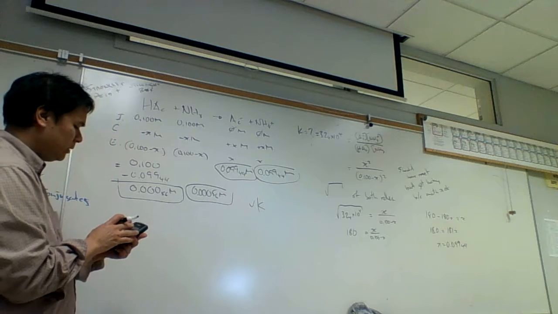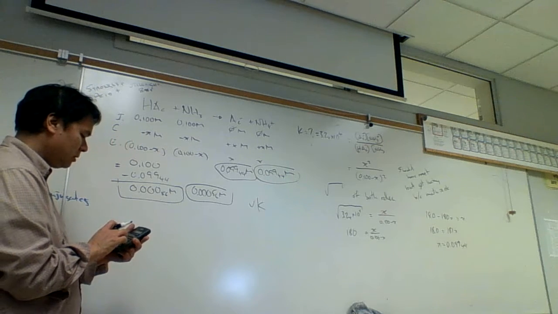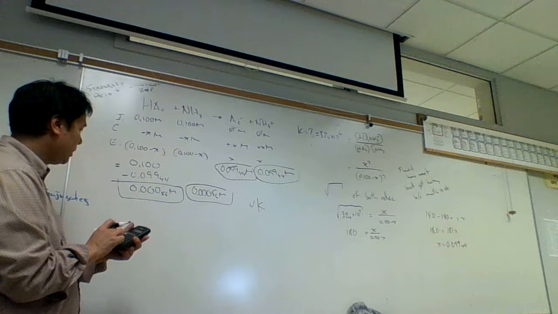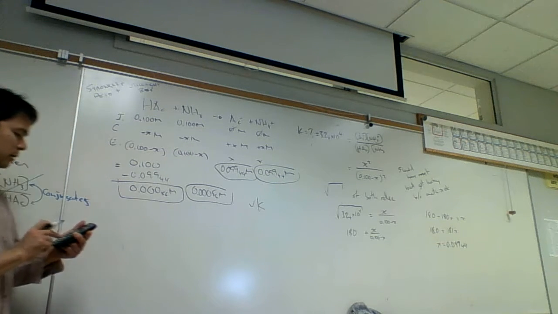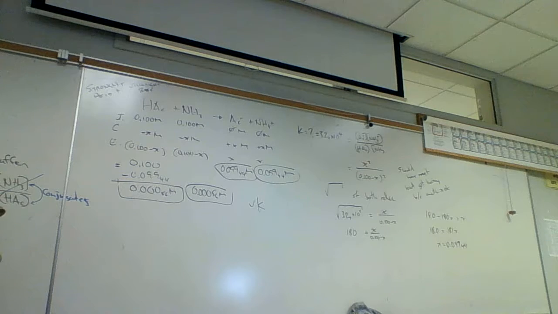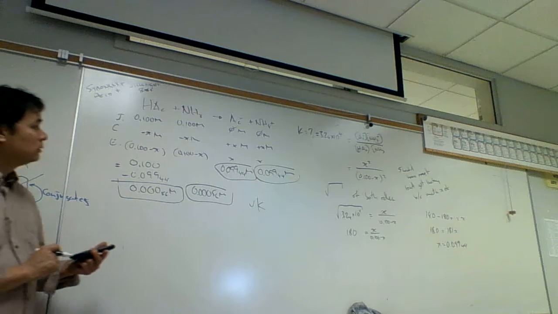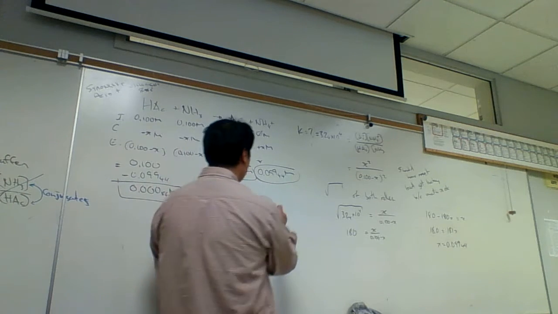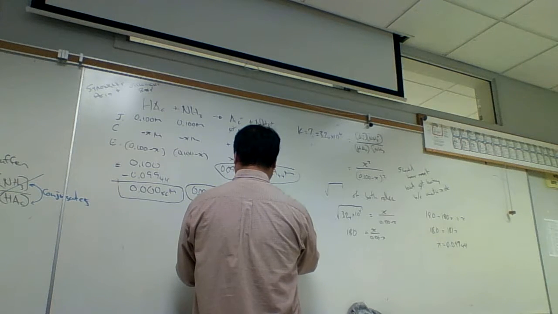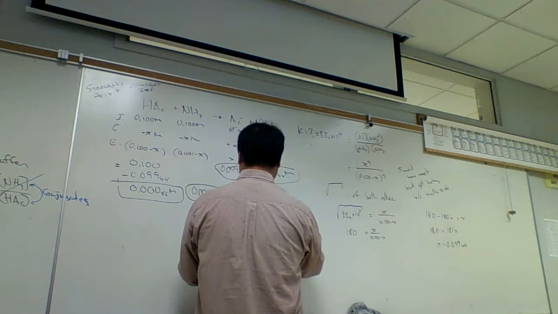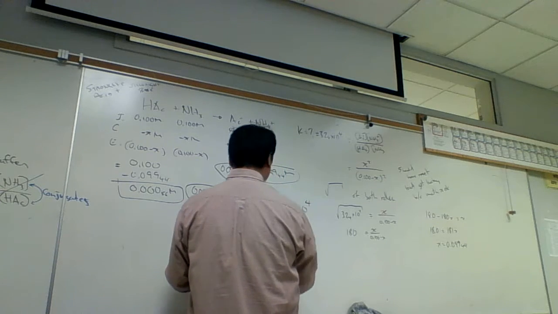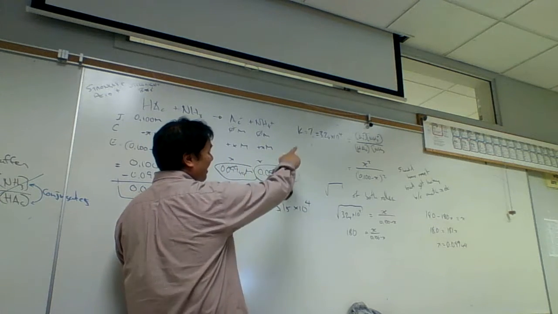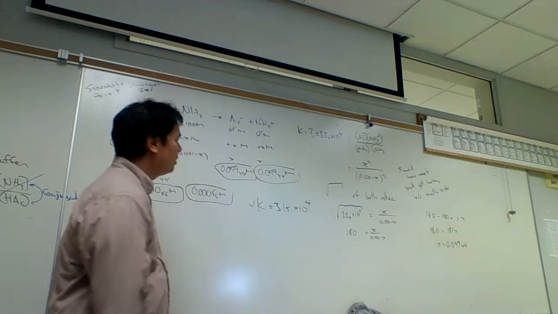And now I want to double check my K, so let's just make sure. So I'm going to go 0.09944 squared divided by 0.00056 squared is equal to 3.15 times 10 to the 4. 3.15, that's 3.24.